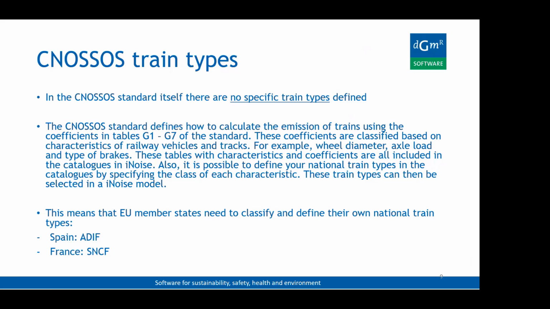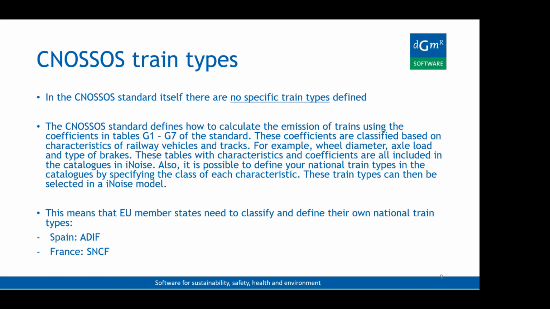The CNOSSOS standard does define how to calculate the sound power level of trains using the coefficients in the tables G1 to G7. These coefficients are based on, for instance, wheel diameter, axle load, types of brakes.